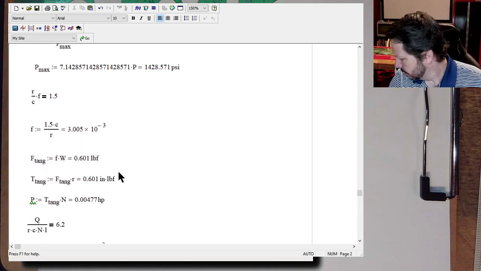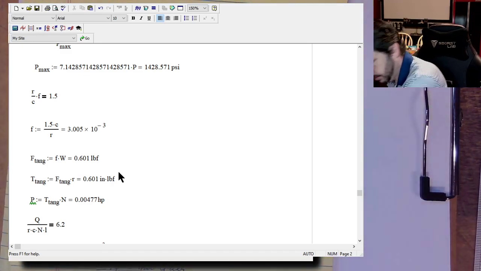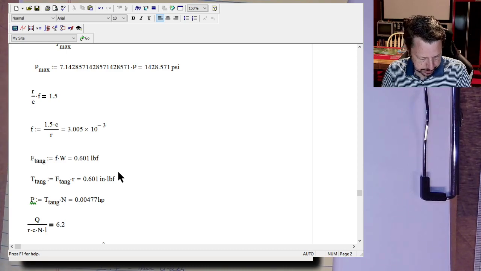There are a couple of other topics in your book on journals. Let's just look at them real quick. We didn't do the pressure angles. We didn't do where the film pressure ends. There is a temperature rise chart, if you want to figure out how much heat is being generated in the fluid itself.